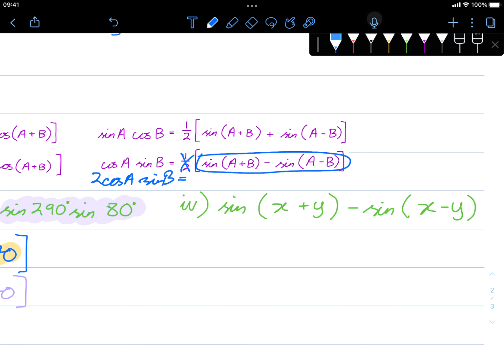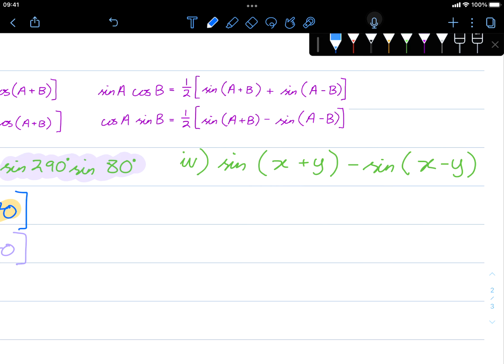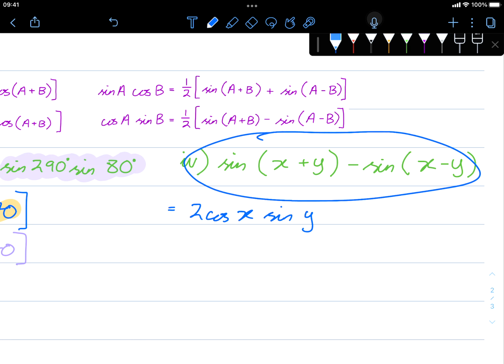So we don't need that half anymore. So from that, I hope you can see that this expression is actually equal to 2 cos of A, which is now going to be x, 2 cos x sine B, which is going to be y. So this expression simplifies to 2 cos x sine y.